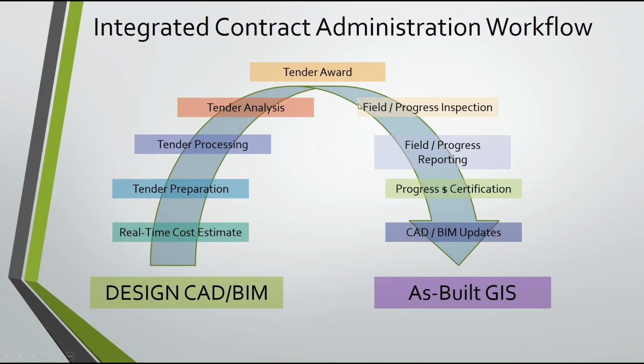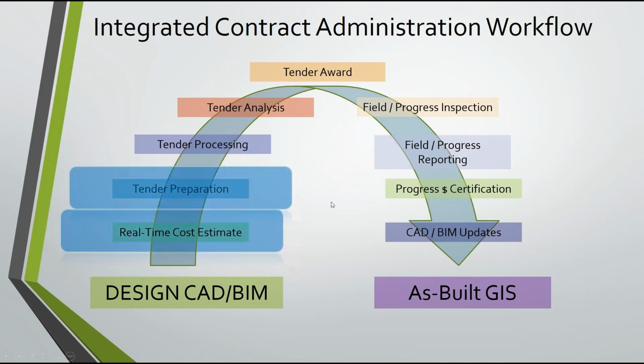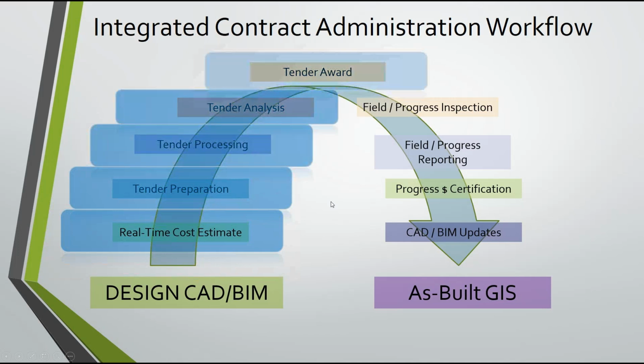The first bit we did a few weeks ago with the real-time cost estimating and tender preparation. And then in December, we did the design CAD bit. So today, we're going to be looking at the pieces around tender award right there, okay?